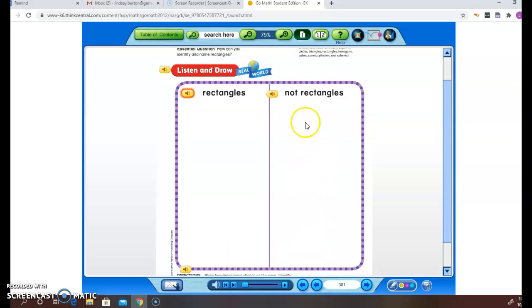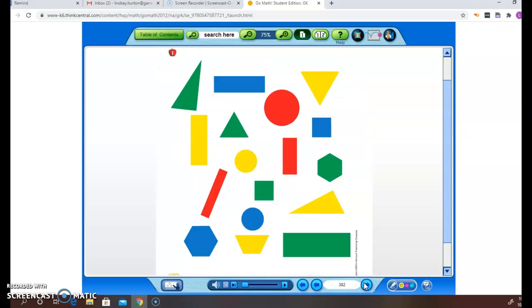And then we're going to come on this side, and I want you to draw me a shape that is not a rectangle. Think of some of the other shapes we've talked about. When you're done with that, you can turn to the next page. I'll wait just a minute for everybody to get caught up.